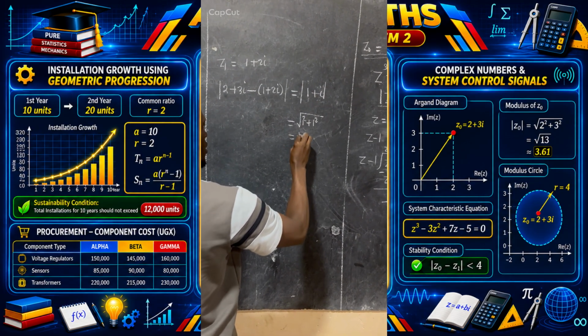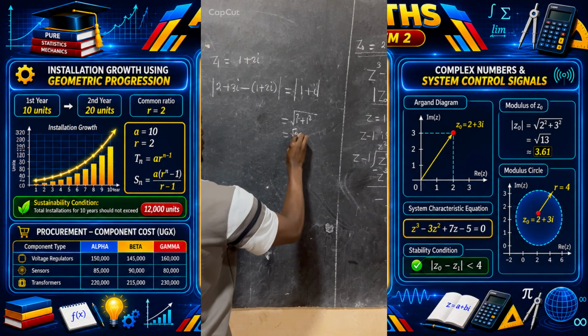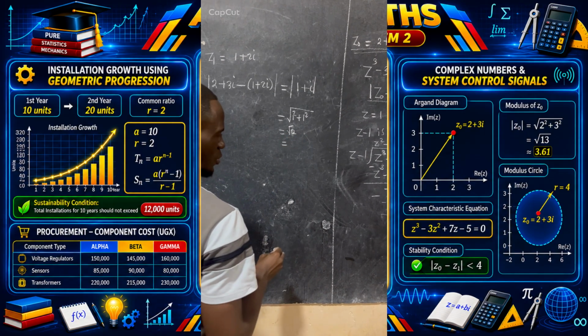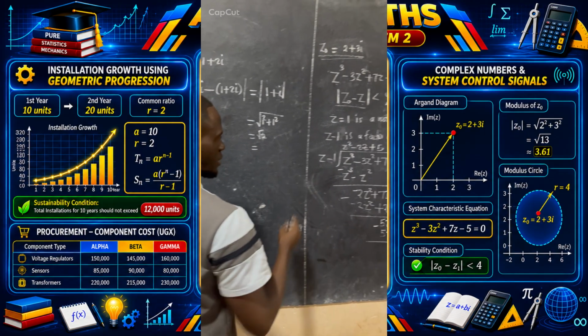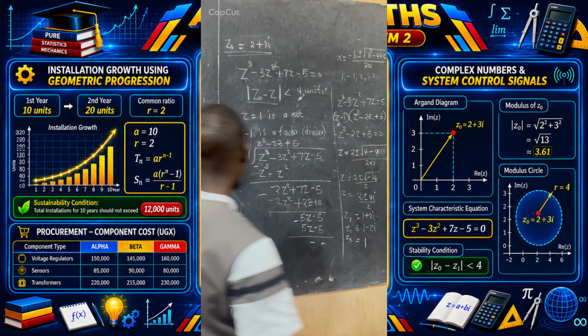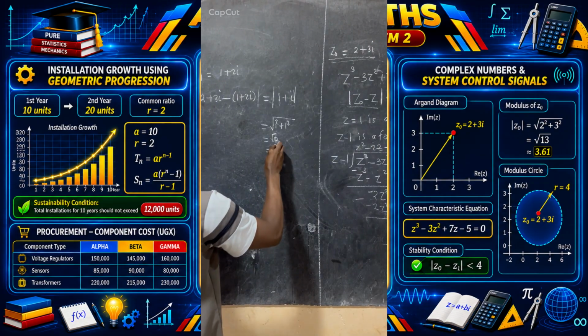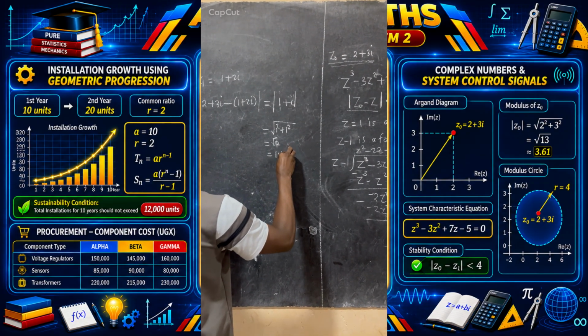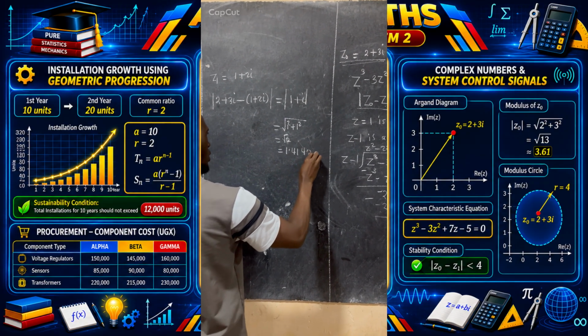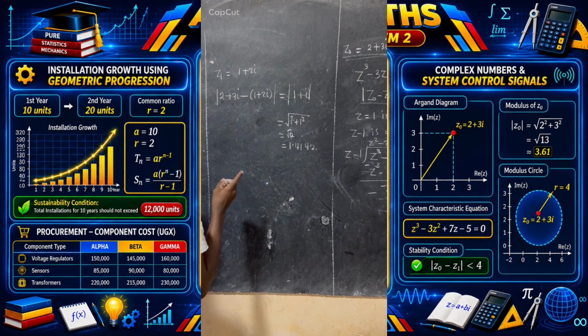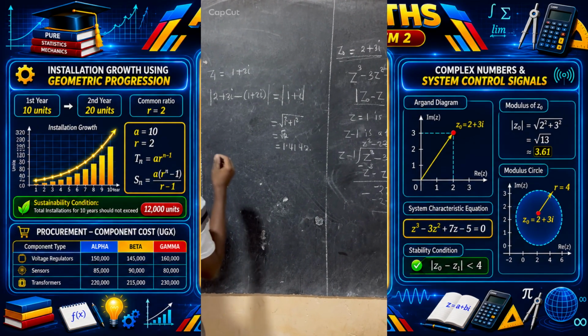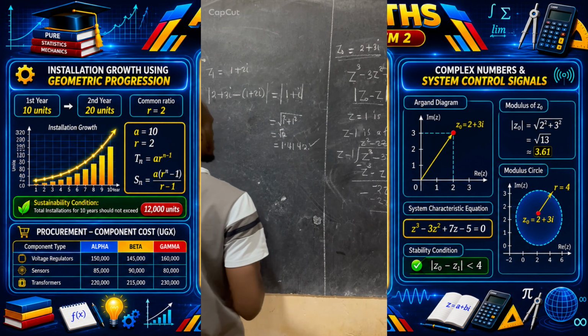So this is just root of 2. Root of 2 is not greater than 4. Root of 2 is 1.4142. So since this is less than 4 units, this is a yes for us.